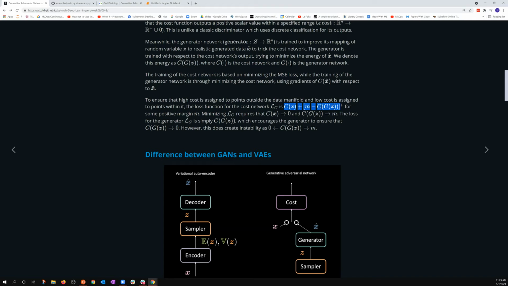So C(x) would be low for real X, and when your generator is producing unrealistic images, C(G(Z)) would be high. But if it is producing realistic images, then your C(G(Z)) would be low as well, which means your total loss will be low.